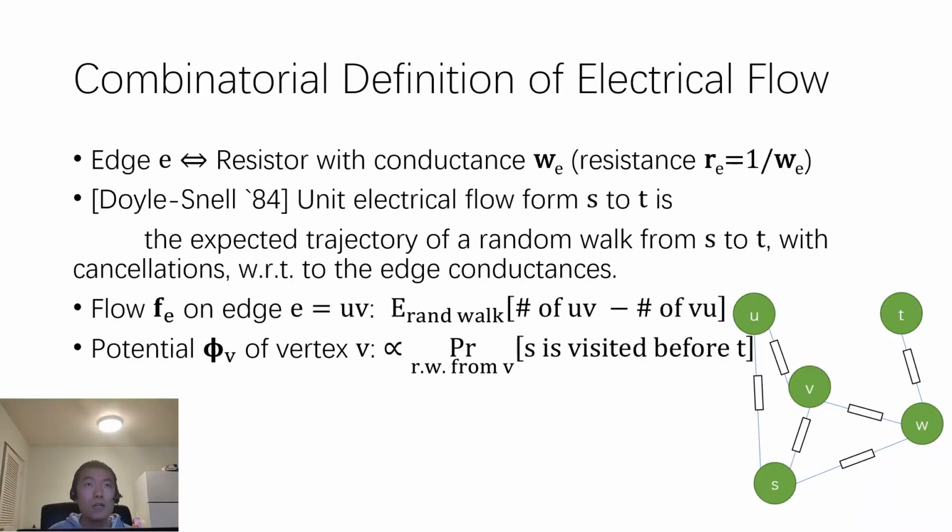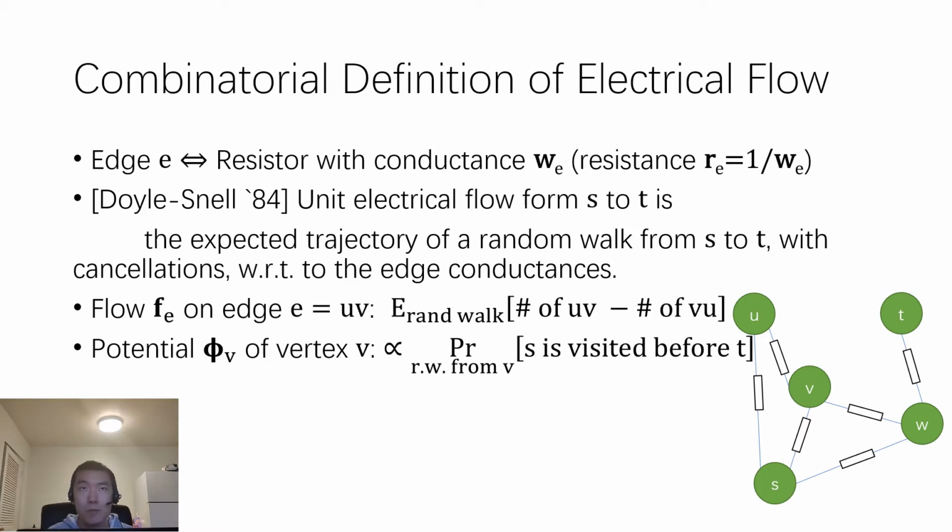problems. For electrical flow, we will use this combinatorial interpretation of it. It is equivalent to the physical definition. The electrical flow is the expected trajectory of a random walk from S to T with conductances, where the probability of choosing an edge is proportional to its conductance.